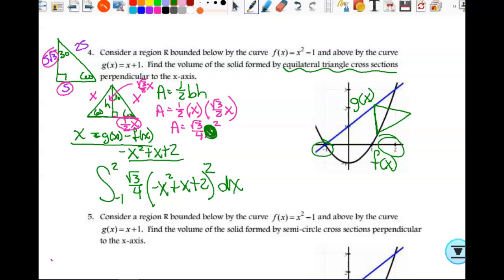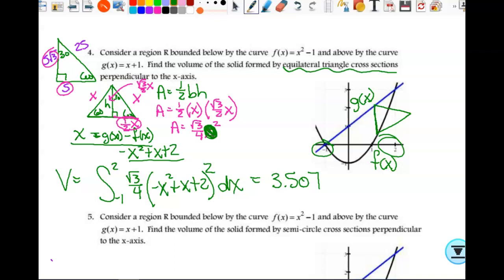That's your volume. And I'll just tell you, because we don't have time for calculators, that this is going to give me 3.507. Okay? We good?